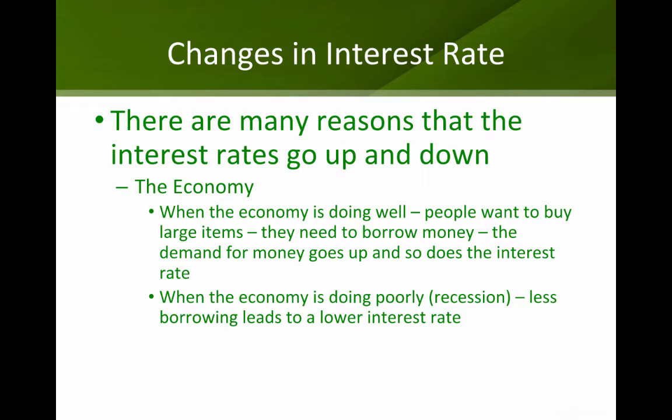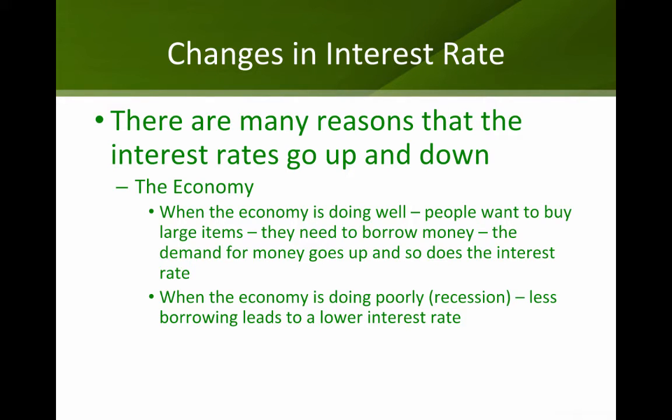Okay, there are many reasons that interest rates go up and down. One of them is the economy. When the economy is doing well, people have jobs, people are feeling secure, and people want to buy large items, dishwashers, furniture, vacations, and sometimes they need to borrow money. So as the demand for money goes up, so does the interest rate. We talked about supply and demand at the beginning of this course.